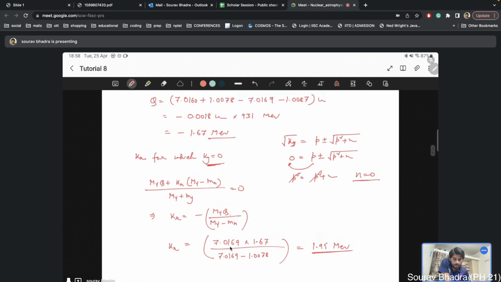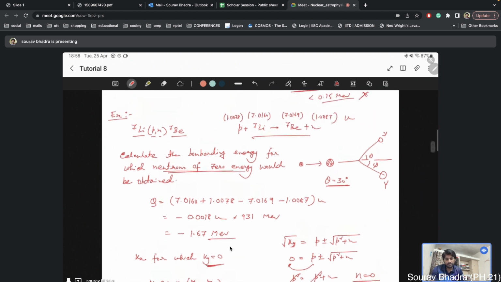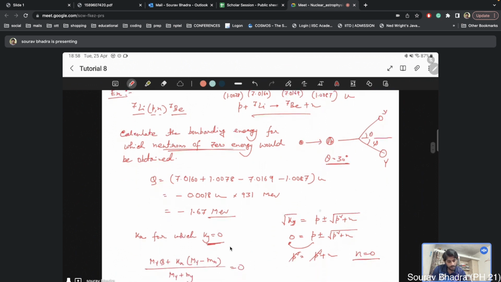That means according to this problem, if our projectile proton has an energy of 1.95 MeV, then the ejectile, which we got as neutrons, has zero energy. So this type of small problem may be there. The main thing was this equation, Ky equals p plus minus root over p squared plus n, and according to your problem it was given that Ky is 0.